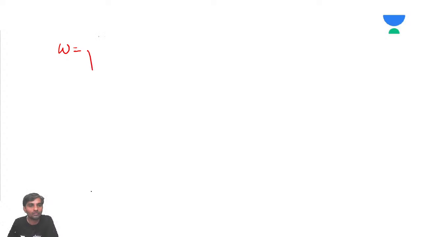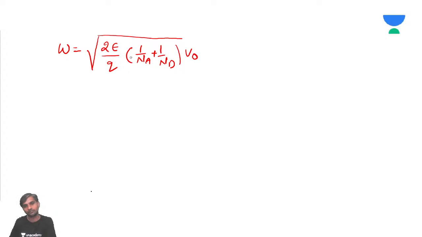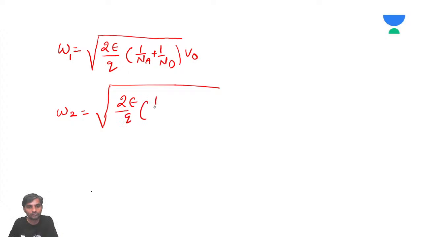What is the formula for W? We know that W is going to be square root of 2 epsilon by Q into 1 by NA plus 1 by ND into V naught. Let's say this is going to be W1. Now W2 is going to be square root of 2 epsilon by Q into 1 by NA plus 1 by ND into V plus V naught.